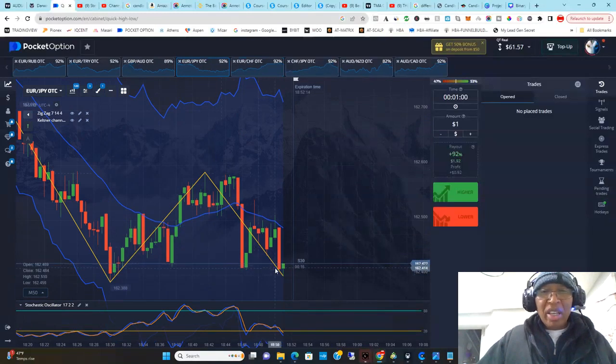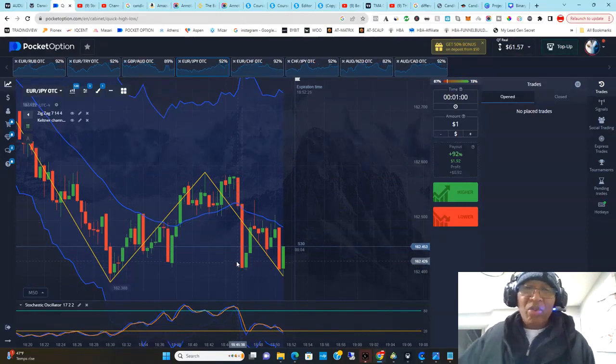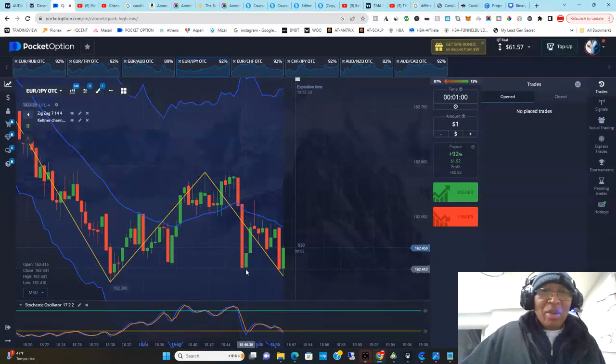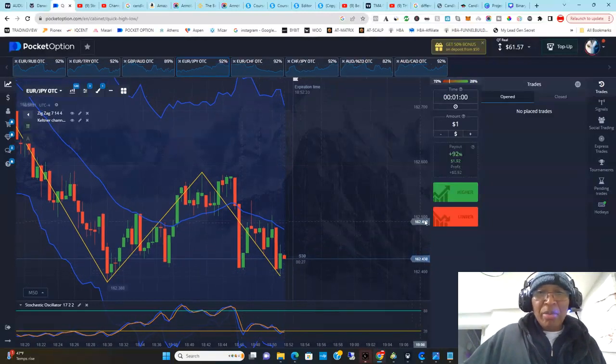Similarly here, you can see it's changing direction. Similarly here, you can see a spinning top. If I jumped in here after this candle close, I would be in the money all the way down here. You see that, guys? So that's what I'm talking about. You can see that is going up.